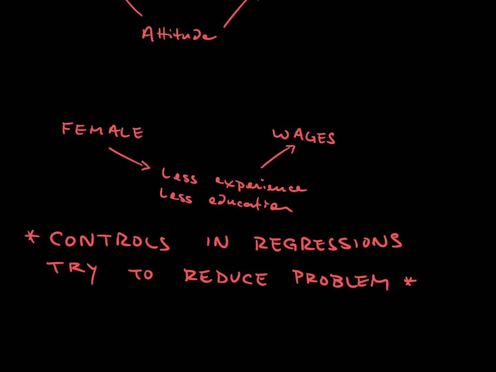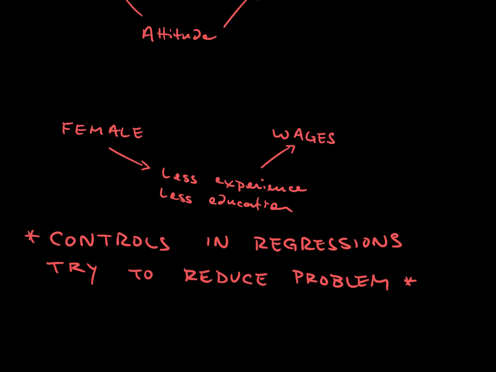Remember on Wednesday I talked about having multiple explanatory variables in the regression. And I said those other explanatory variables effectively control for differences in those regards. Okay, so once we include them in the model, as opposed to being unobservables, they are no longer unobservables. They have been controlled for, and they are no longer a problem.